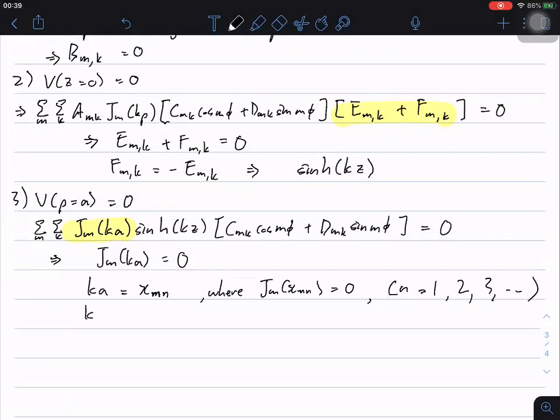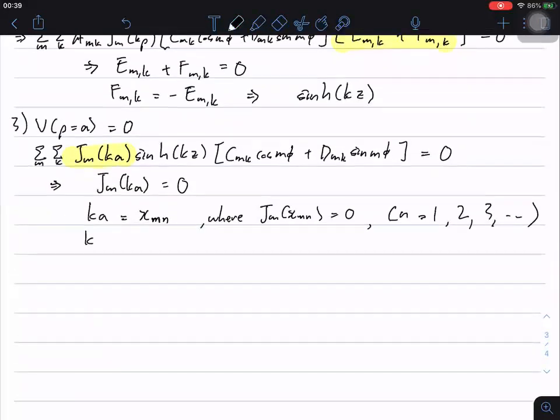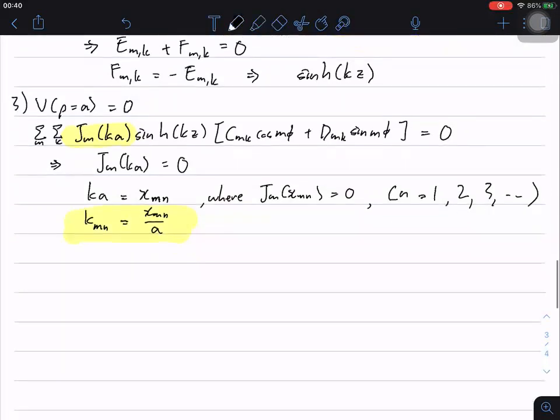Then we can put a constraint on the constant k. So now we know that not any k value can fulfill the boundary condition of this equation. So k must satisfy this condition in order to satisfy the boundary condition.